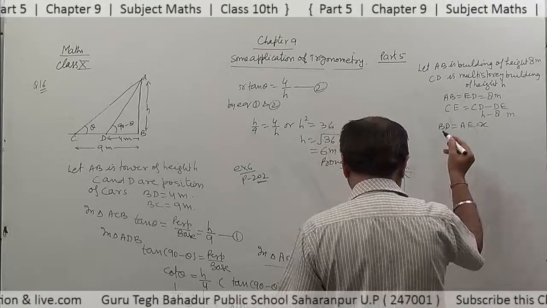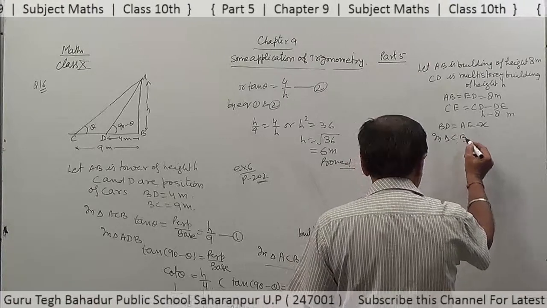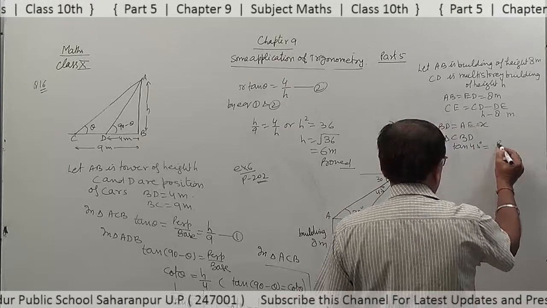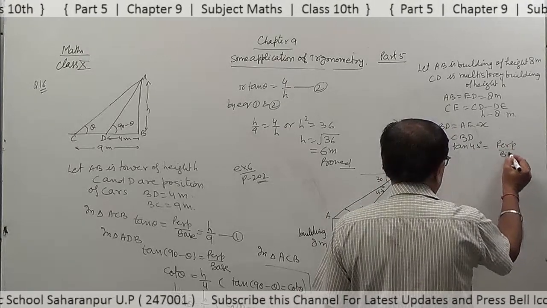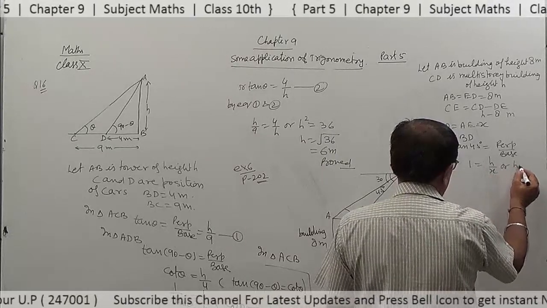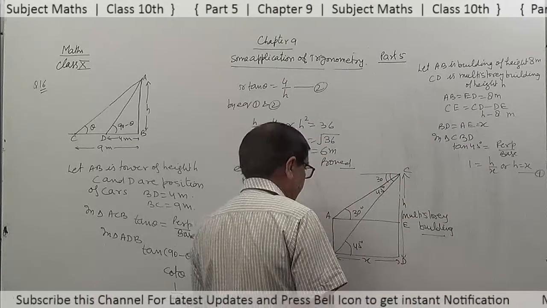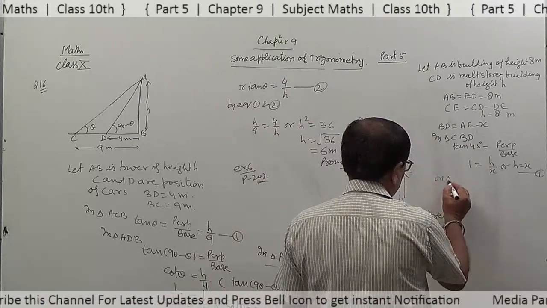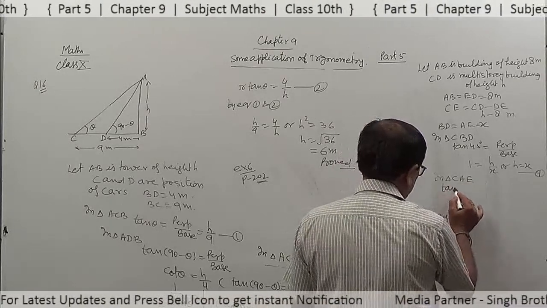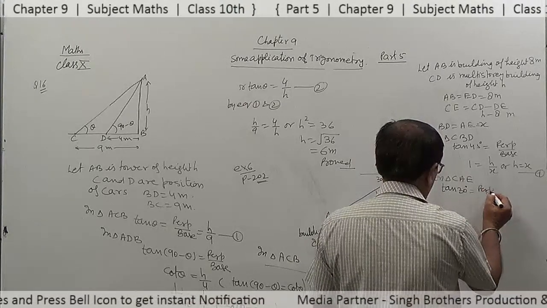In triangle CBD, tan 45 is perpendicular upon base, 1 is equal to h upon x, or h is equal to x. In triangle CAE, tan 30 is perpendicular upon base.